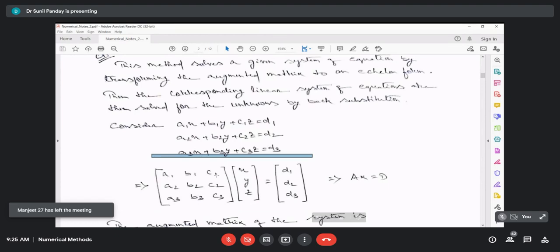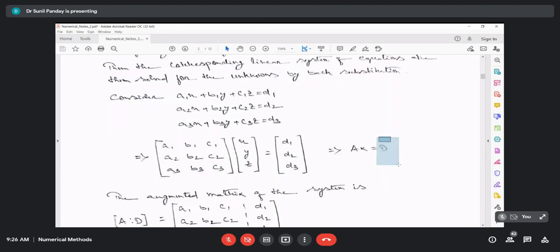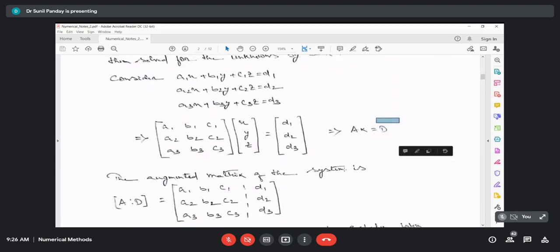Here a1, b1, c1 are a row, and then you multiply it by this column, you will get the first entry, and this is equal to d1. So from the knowledge of matrices, you know that this system of three equations can be rewritten in this matrix form. This is the matrix A, this is x, and this is D. Sometimes we represent this by capital B also.